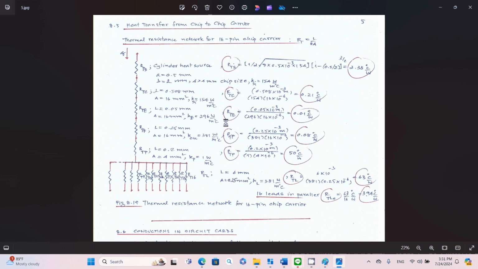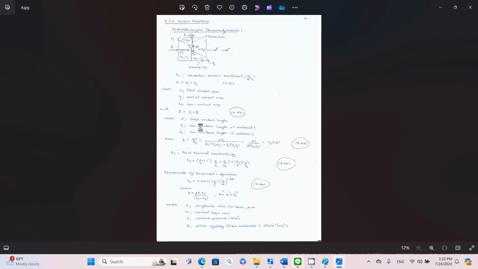Now you can apply the equation. I'm wondering if I'm missing the equation for the heat source.